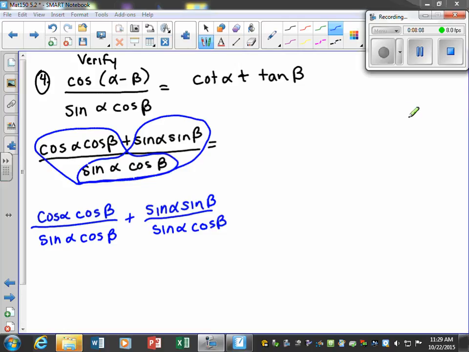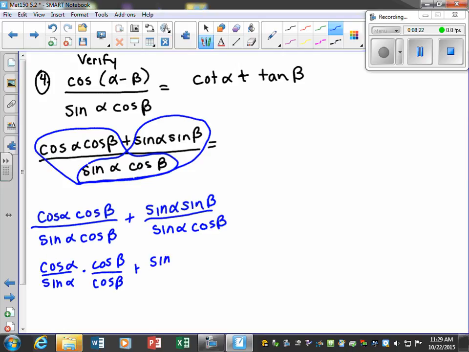Once you have that written, we can rewrite this as cosine alpha over sine alpha times cosine beta over cosine beta, plus sine alpha over sine alpha times sine beta over cosine beta, and see if we start getting something in this nature. What's cosine over sine?